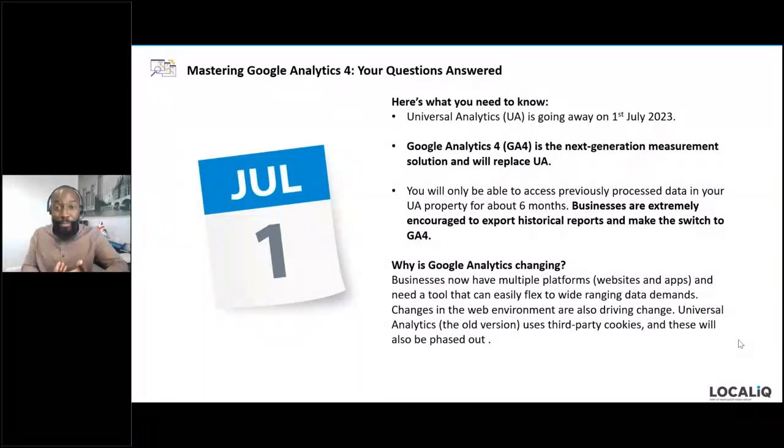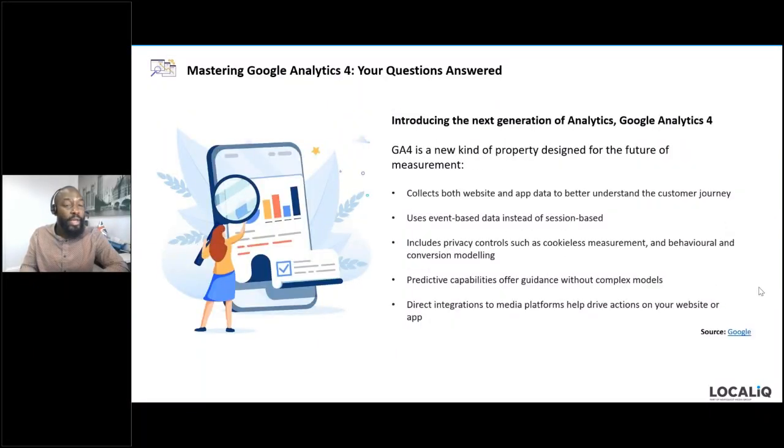Some businesses have apps, and customers navigate through both the website and the app almost interchangeably. And then we have things like third-party cookie data, which is being phased out, and that was a major way of UA being able to report on the data and insights that we're familiar with. So as much as we may not like change, our businesses have to evolve with Google on this one. We've got to do it.